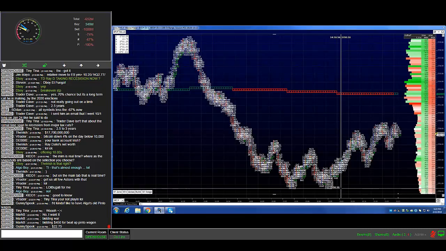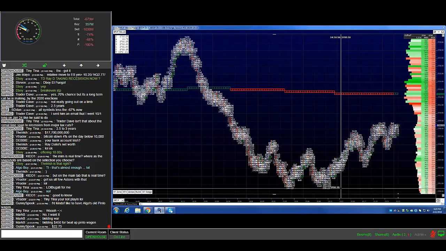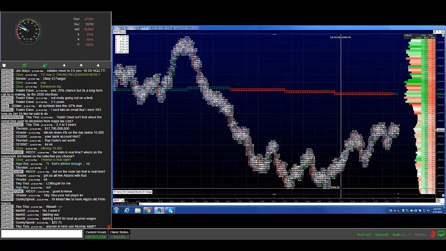Let's see what we're selling. We're selling FedEx, PNC, CVS, Prudential, IBM, all on the sell side. Verizon, STC, AA, SLB, and Dove are all on the buy side.